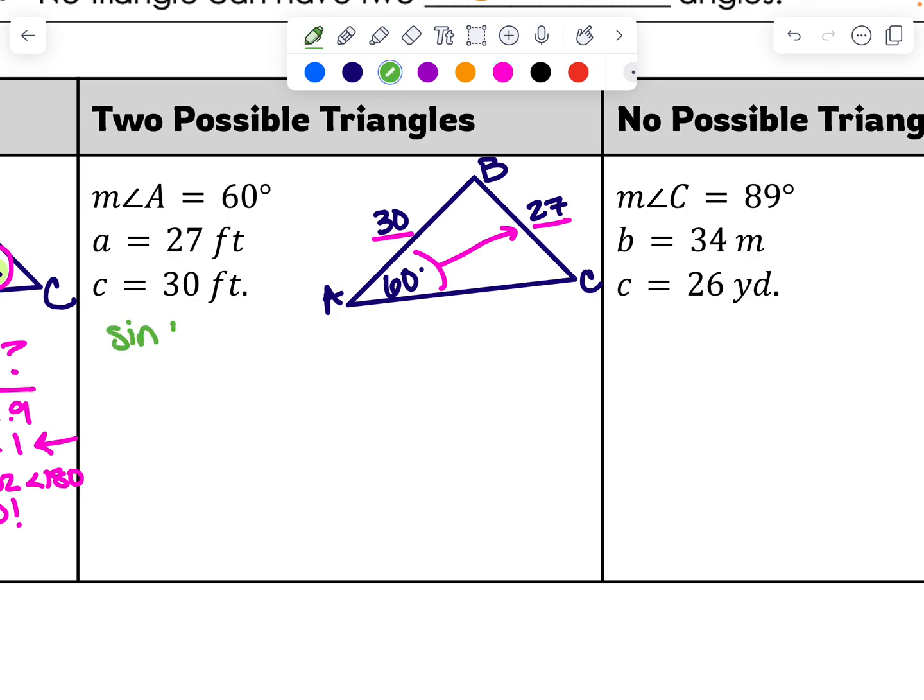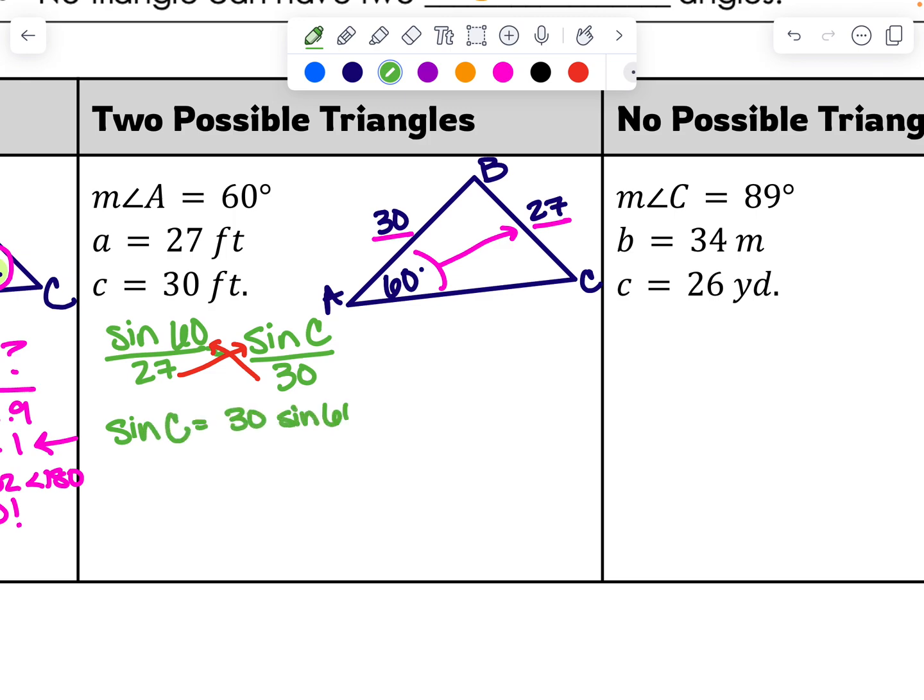So the sine of 60 over 27 has to equal the sine of C over 30. Cross multiply and simplify, and you should get the sine of C is going to be equal to 30 sine of 60 over 27.